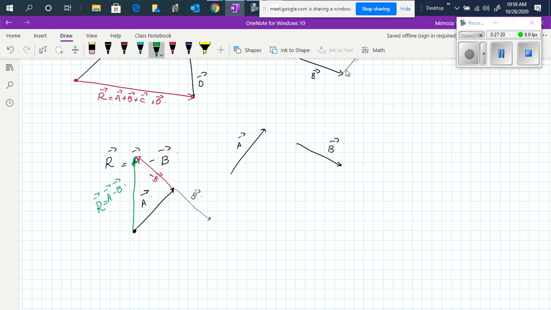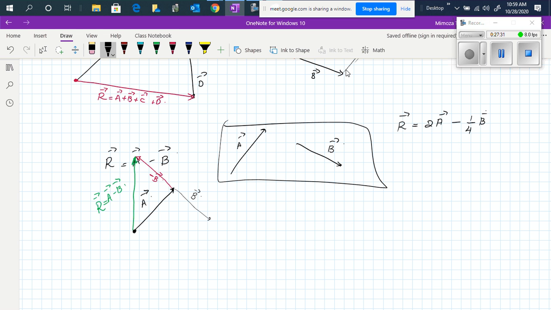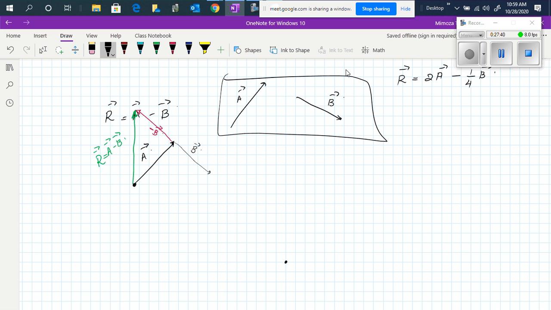And let's suppose that for the same vectors A and B, we have to find the resultant as 2A minus 1 over 4 B. Then what we do is at the point we bring double vector A. So one vector A is this one here, and then another vector A is this one here. So this will give us 2A. And then if we were going with B, we would go in this direction because B is in this direction.